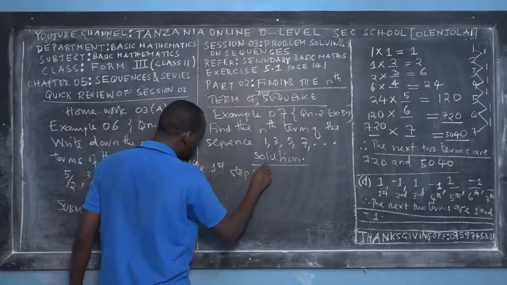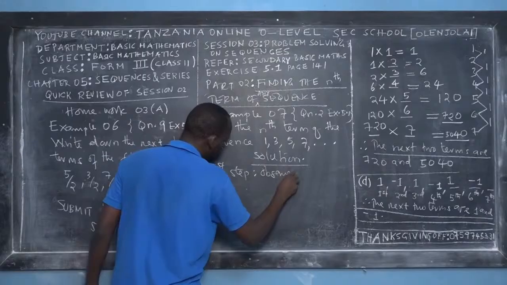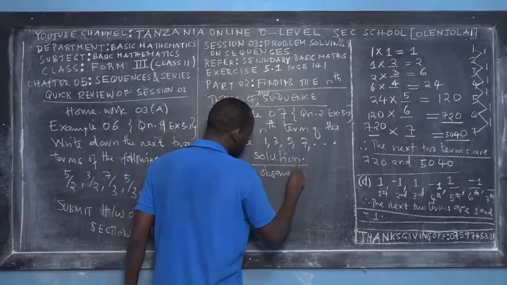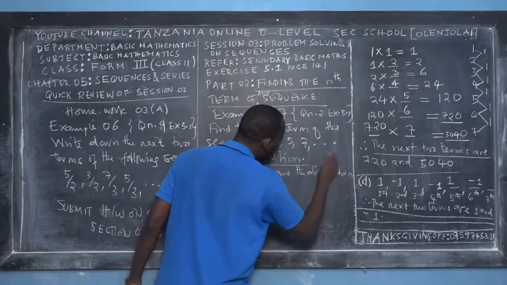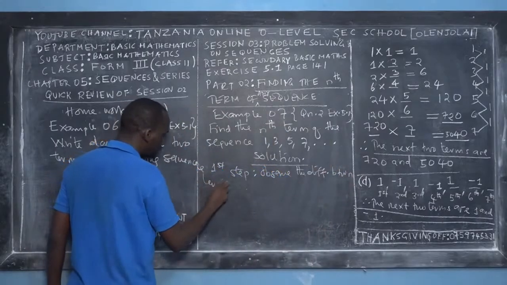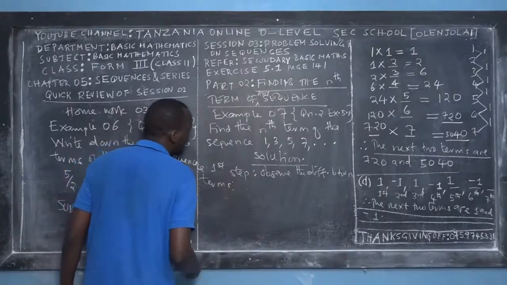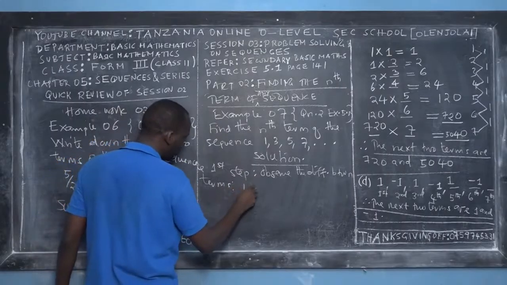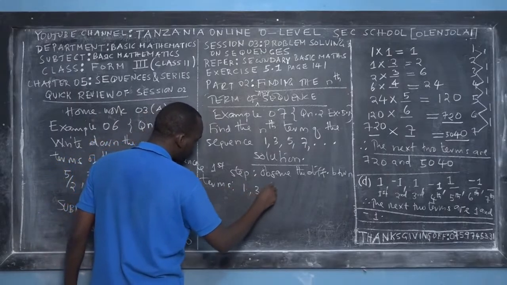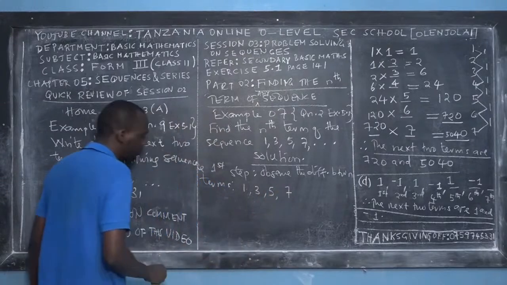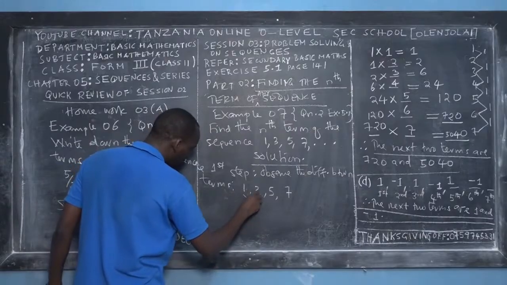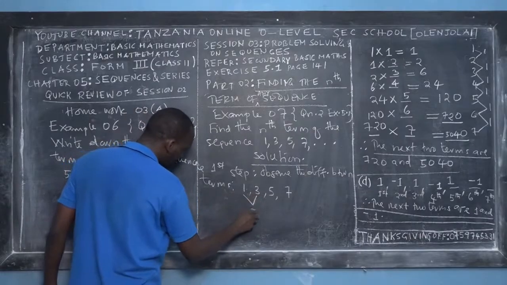The first step, we say observe or identify what the difference between terms is. I'm writing this for your future review. So 1, 3, 5, and 7 are the 4 given terms. What is the difference between the first term and the second term? The difference is 2.